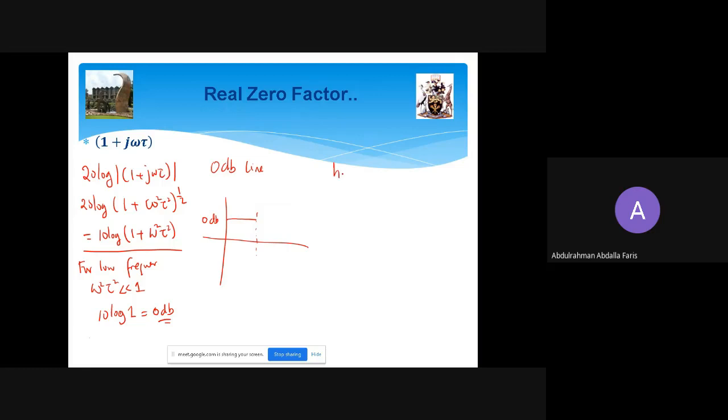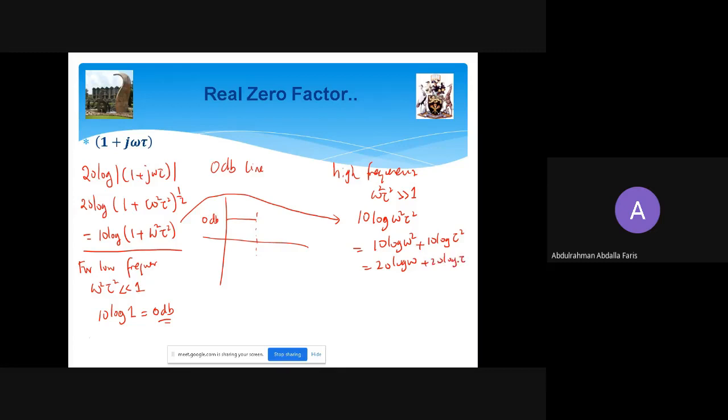So for high frequencies, which is much greater than 1, we'll have 10 log like that, which is just 10 log omega squared tau squared, plus 20 log omega tau.